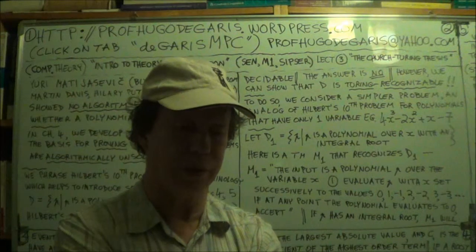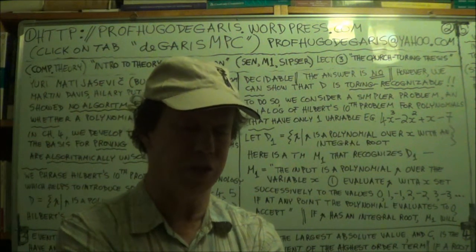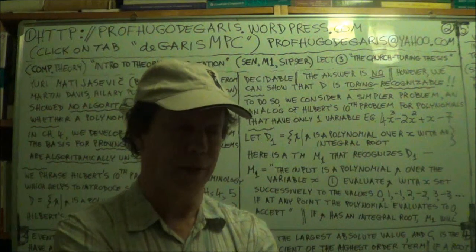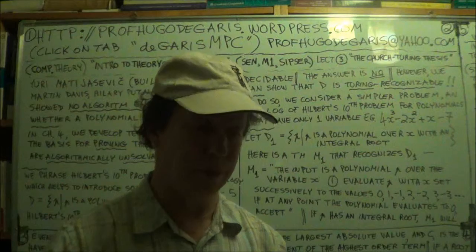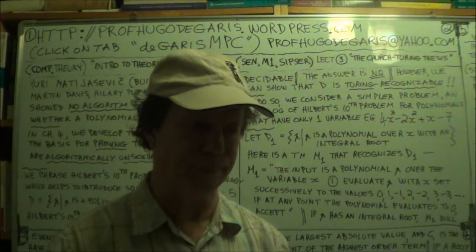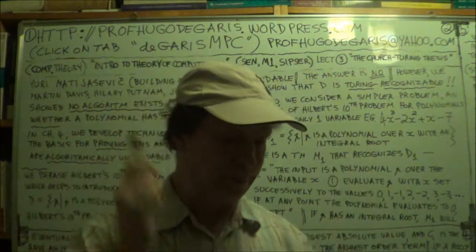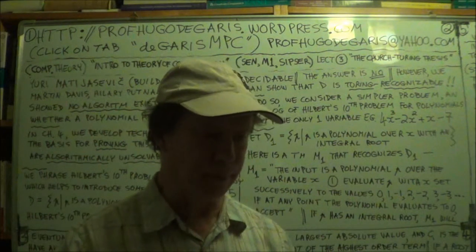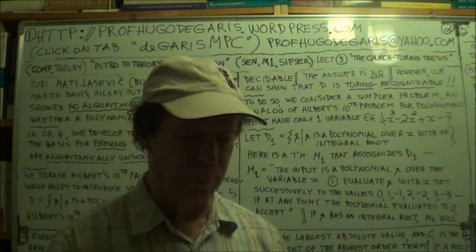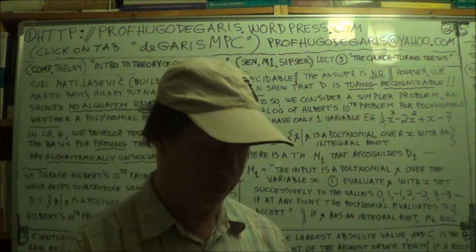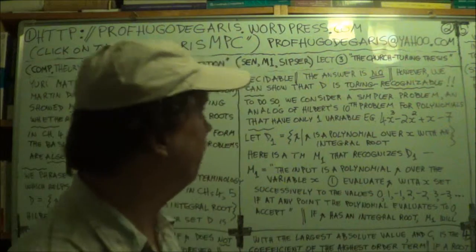So it will accept the strings that belong to the language, and it will reject the strings that do not belong to the language. That's my understanding. I hope that clarifies things a bit more, because Sipser doesn't spell it out too well. I'm somewhat critical.